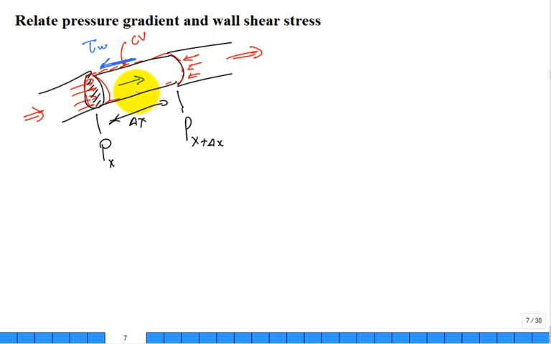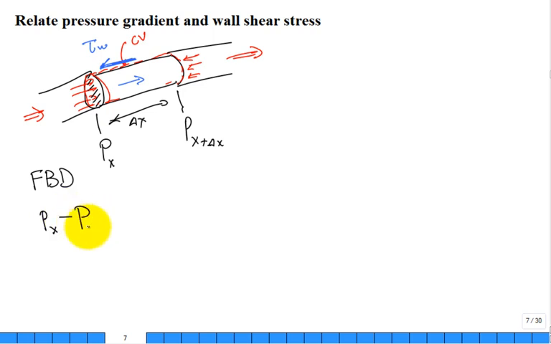So we do a force balance. Free body diagram, if you like that, if you're thinking about statics, or if you think about fluid mechanics, whatever. It's a force balance. So the force balance says that I'm going to have the pressure at X pushing in the positive X direction.